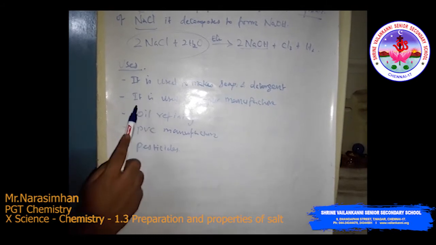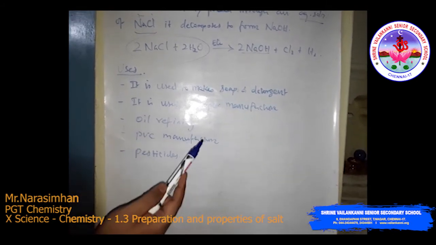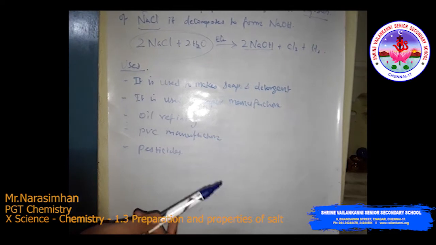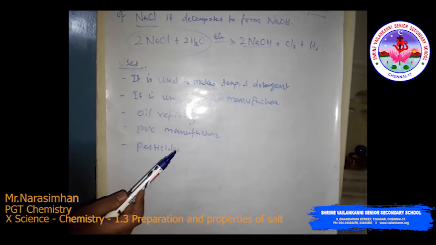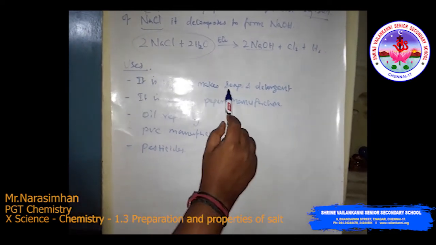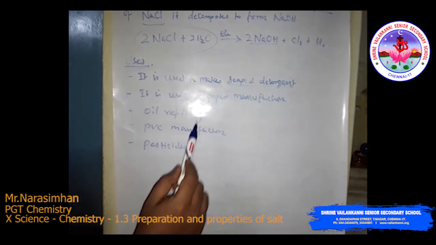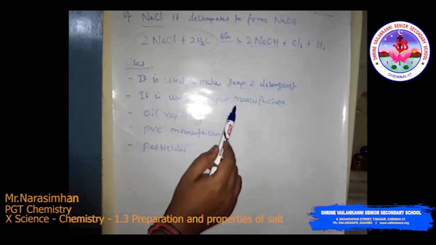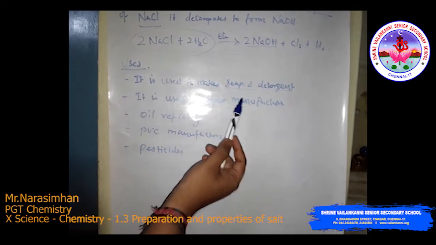The NaOH, the caustic soda, where is it used? See, it is used to make soaps and detergents. The preparation of soap and detergent is very important; we are using them every day, that is detergents and toilet soap.